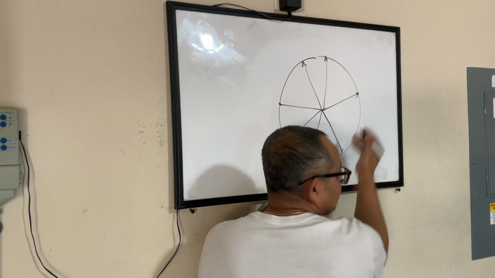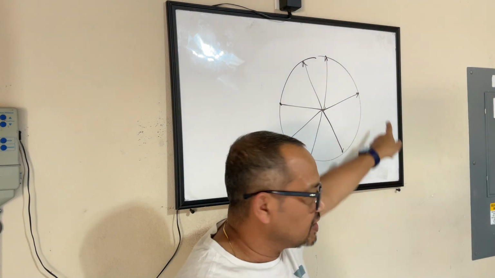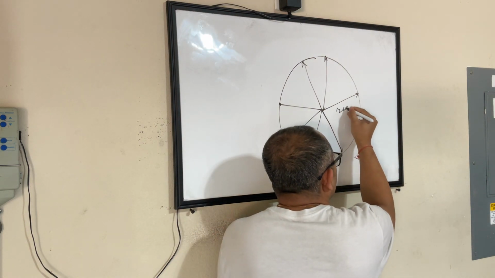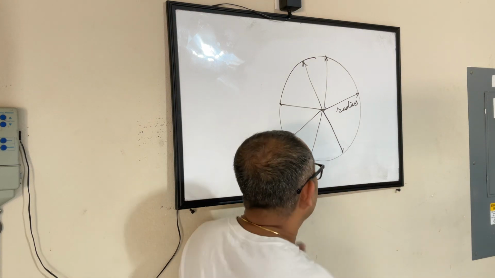And this distance between the center and any point on the perimeter is called the radius.